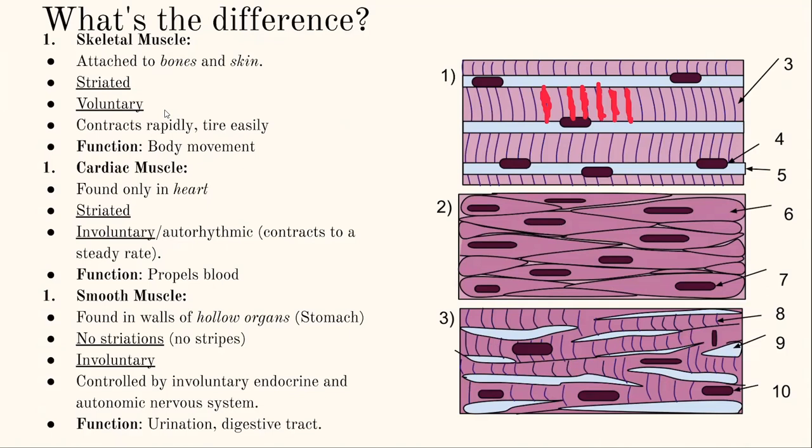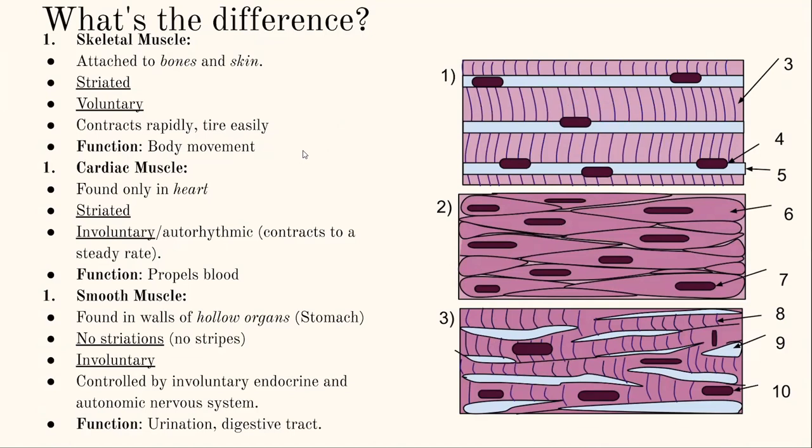They're not involuntary, meaning that they don't just happen by themselves. The function of that would be body movement. So we are able to run and walk to our own ability.